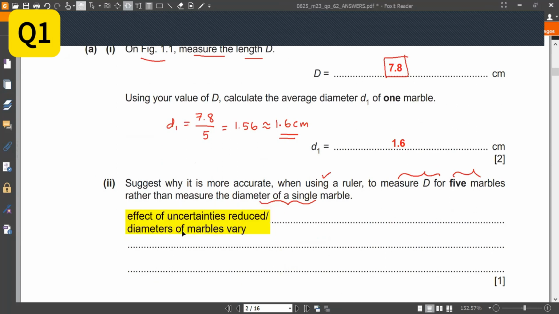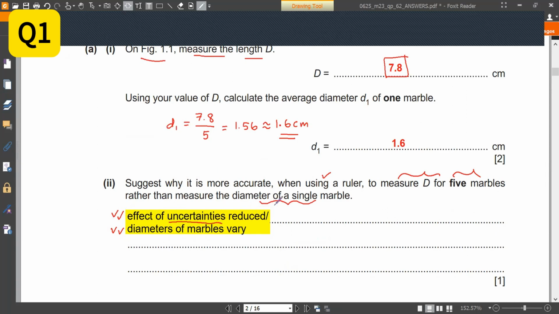So straightforward, because the effect of uncertainties will be reduced, or the diameters of marbles might vary. Okay, so each marble might have a slightly different size. So if we measure 5 marbles, we can get the average, which will be more accurate. So the idea for the effect of uncertainties.